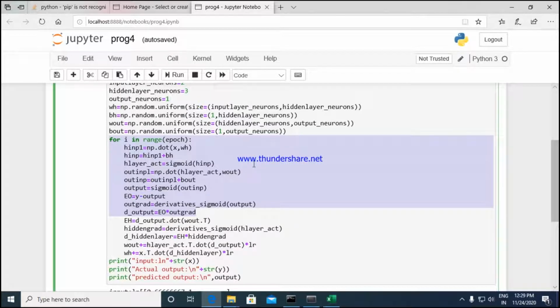We first take the predicted value of the output, and then we take the actual output. Then we subtract both of them in order to know the difference in the value. Once we get that, we apply the partial derivative on this equation in order to get the final total error value. This entire process is done by this part of the code.